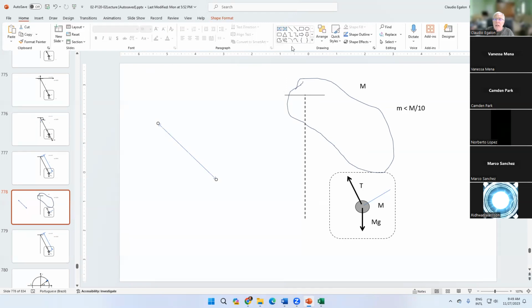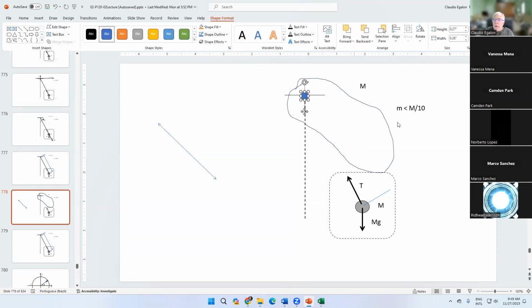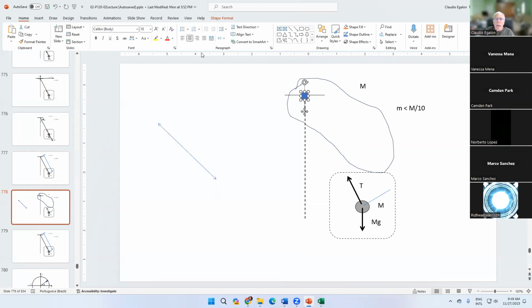The point of oscillation is right in here. And let's say the center of mass is right in here.